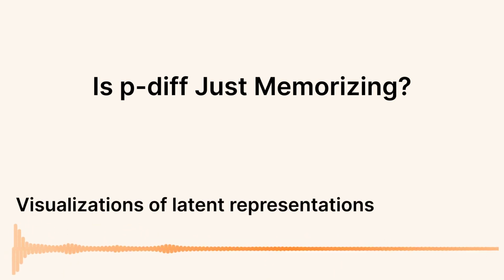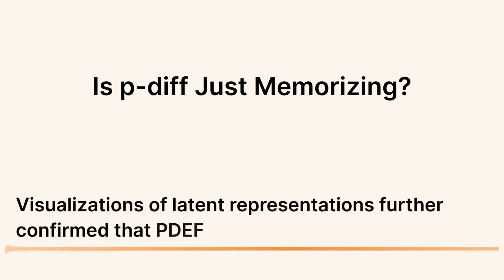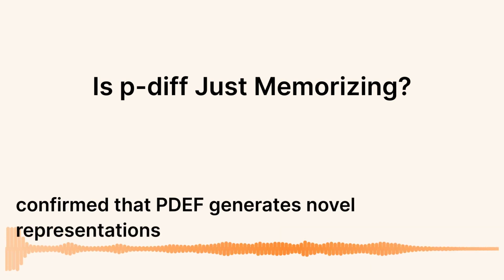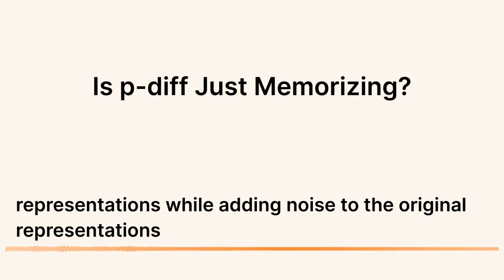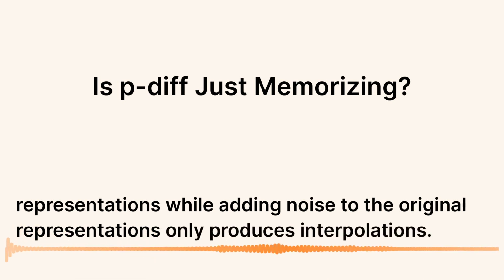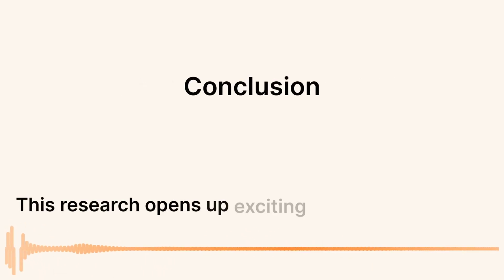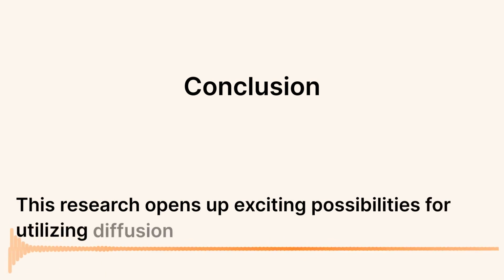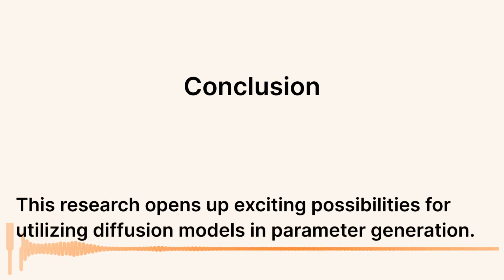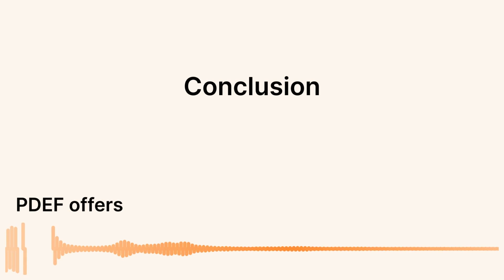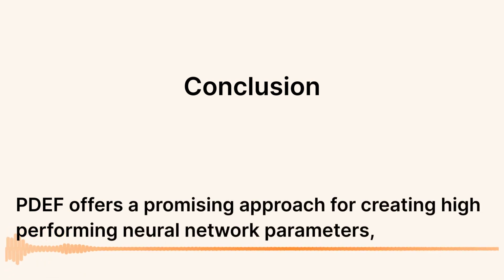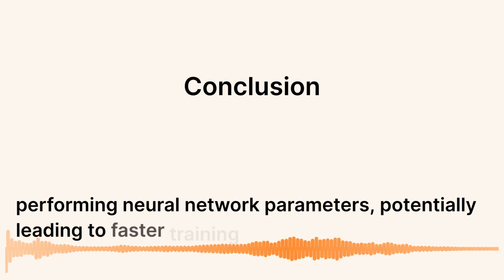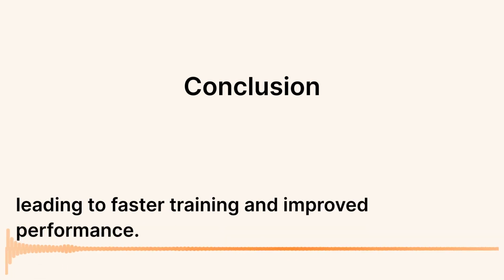Visualizations of latent representations further confirmed that p-diff generates novel representations, while adding noise to the original representations only produces interpolations. This research opens up exciting possibilities for utilizing diffusion models in parameter generation. p-diff offers a promising approach for creating high-performing neural network parameters, potentially leading to faster training and improved performance.